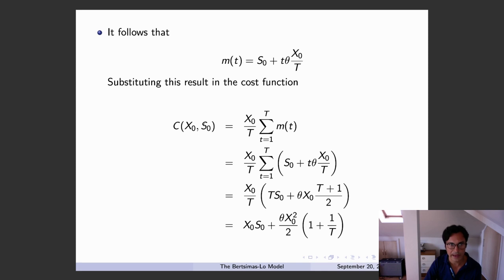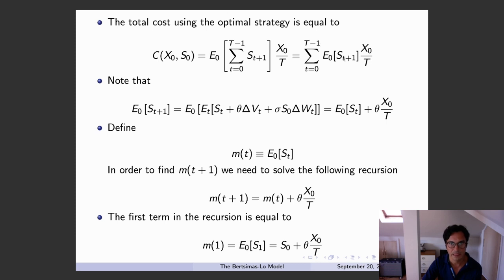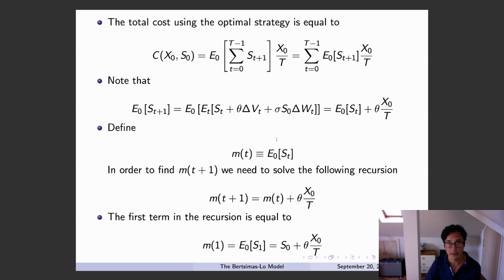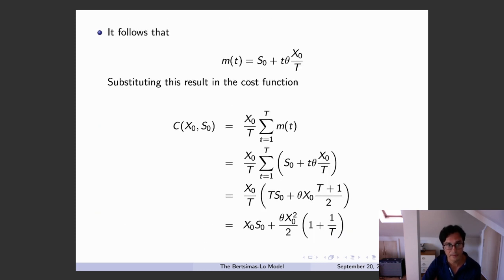So if you go back, now we can substitute this expression for m_t, because that's what we had. The X0 divided by capital T, we can put on this side of the summation, before the summation, and then we substitute the value we found for m_{t+1}. Okay, so basically that's the expression we get.